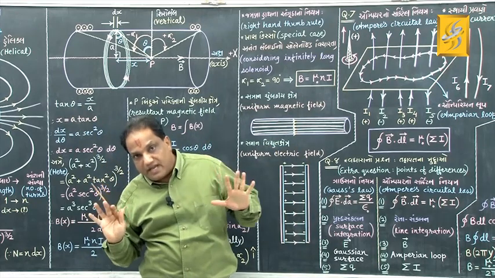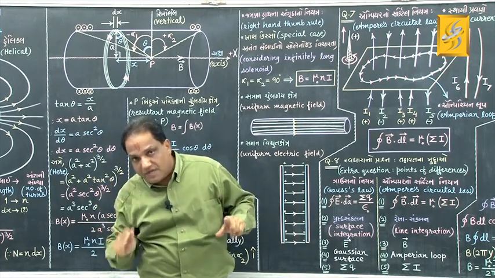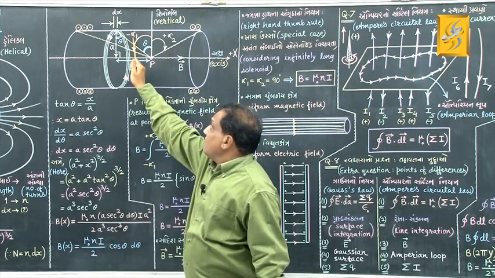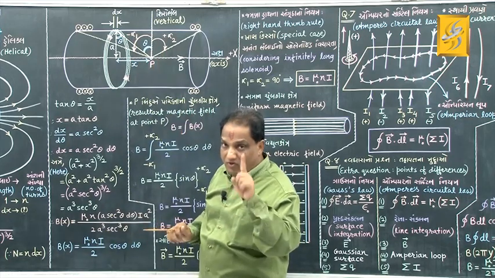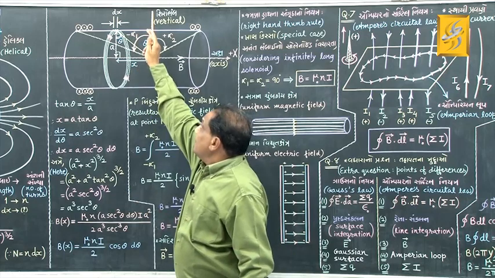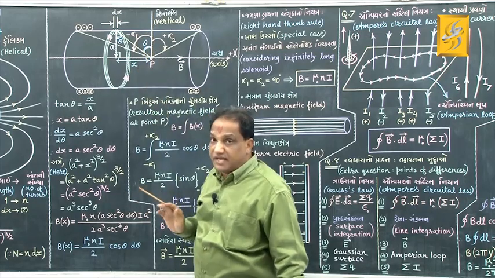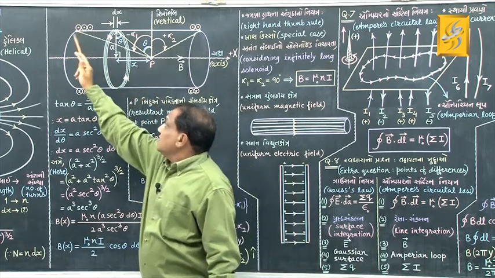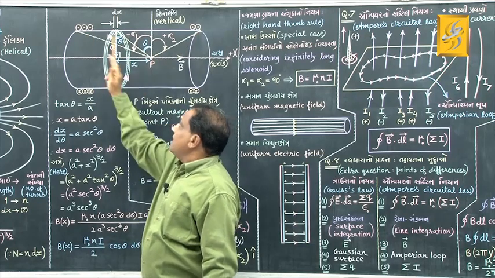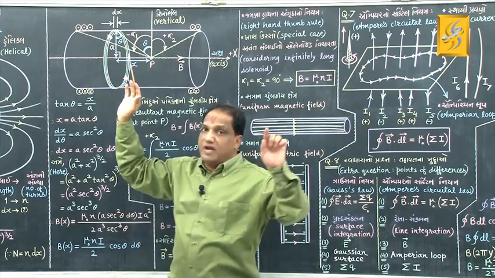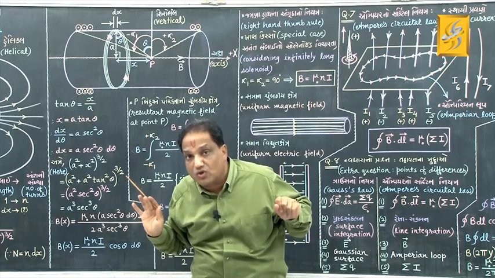Okay? Those angles are alpha 1 and alpha 2. I repeat, alpha 1 and alpha 2 are the magnitudes of angles made by a vertical line passing through the considered axial point with line segments joining point P with the two upper ends of the current carrying solenoid.